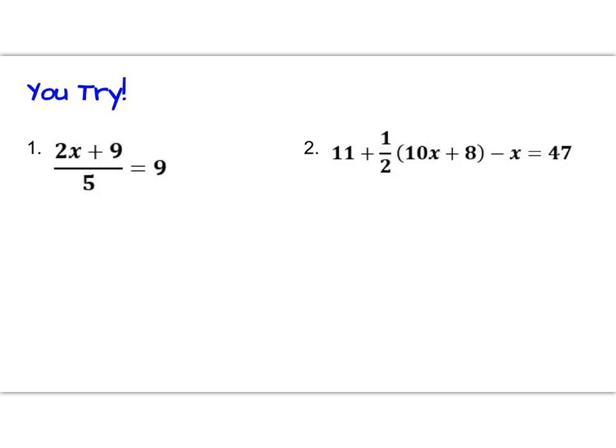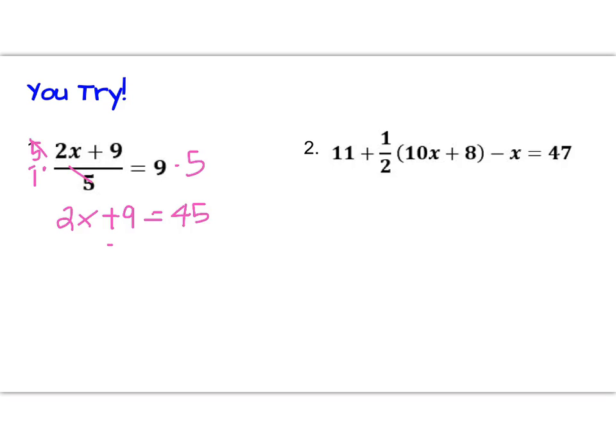Okay, so for this first one, I need to get rid of that 5 in the denominator, so I'm going to do the inverse, and I'm going to need to multiply both sides by 5, which is the same as 5 over 1. By doing the inverse, these 5's cancel out, and I'm left with my 2x plus 9 equals 9 times 5 is 45.